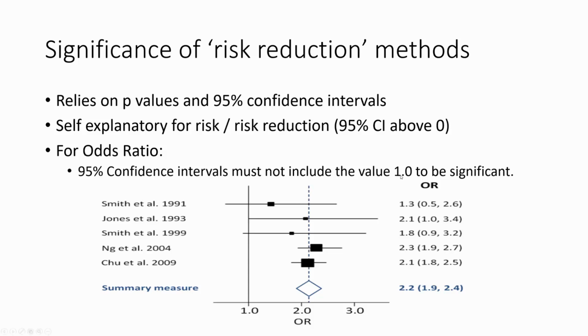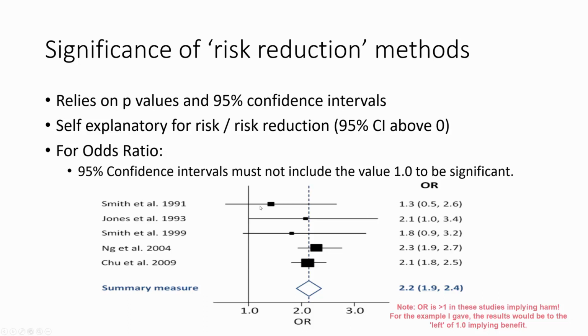So let's say all of these different people did the same trial in the same manner as what we described. So they gave a trial drug for COVID-19. Smith and his colleagues got this odds ratio of 1 and a bit, and you can see that the confidence interval spreads from 0.5 to 2.6.